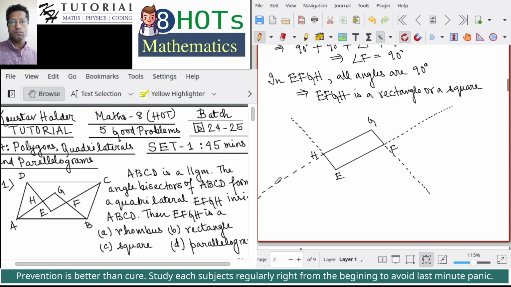Clearly the point A of the parallelogram ABCD will lie on the extended HG. The vertex B of the parallelogram will lie on the extended side of GF.